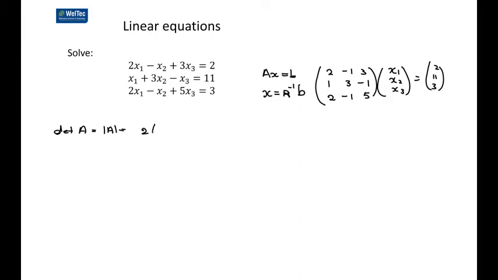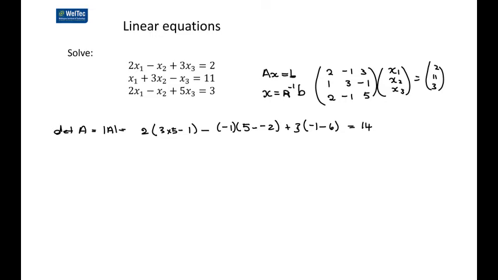It'll be 2 times (3 times 5 minus negative 1), and then don't forget your signs change, for the next one it would be 5 minus negative 2, and then plus again, 3 times negative 1 minus 6. So that would equal 14.